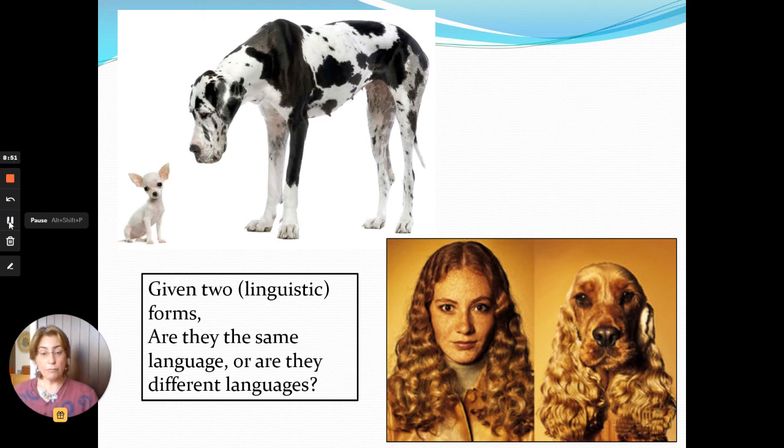And that would influence your judgment whether a person who speaks both of them would be a bilingual person or just a monolingual person who speaks different registers or different varieties of the same language. The second one, you might not want to call bilingual or multilingual, while the first one, you might want to apply the label of multilingual.